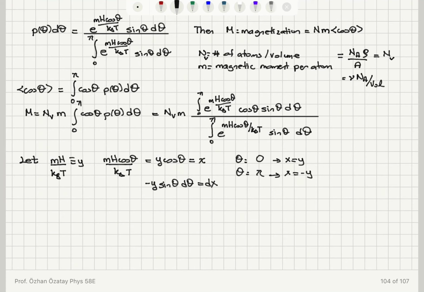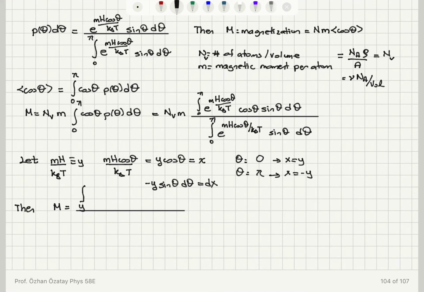Okay? So then I can write this integral as the magnetization is equal to the integral, since I have changed the variable to x and y here. So when theta is equal to 0, x is equal to y, so this is going to be from y.